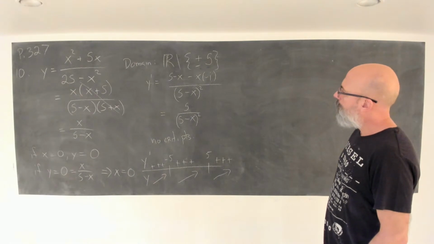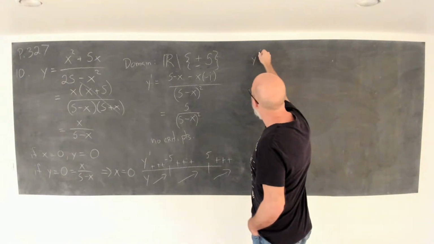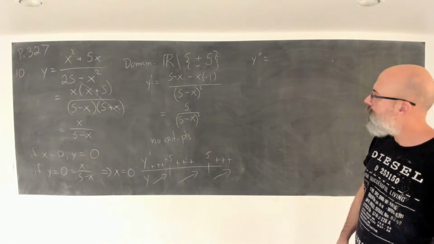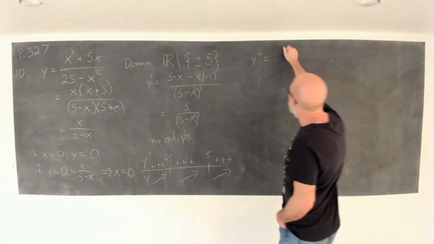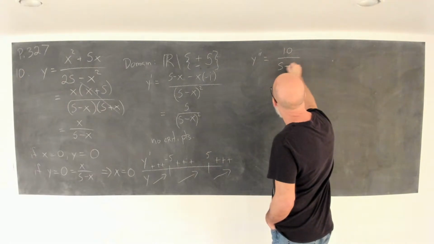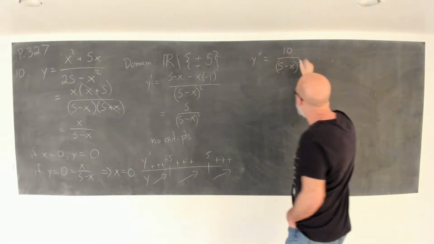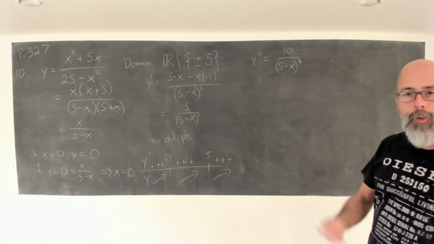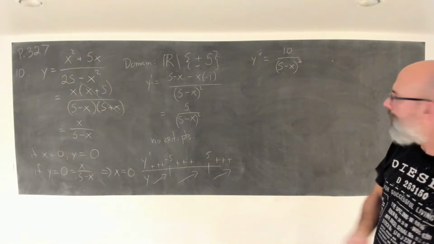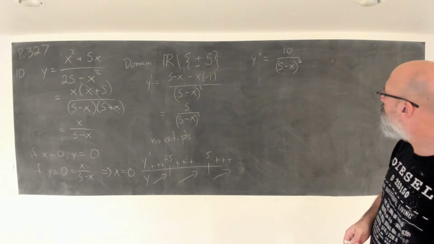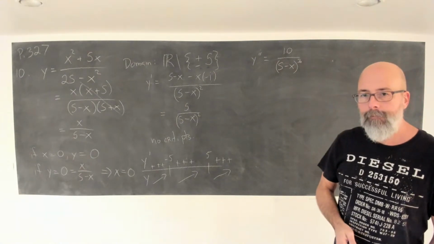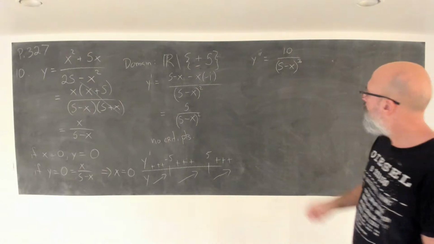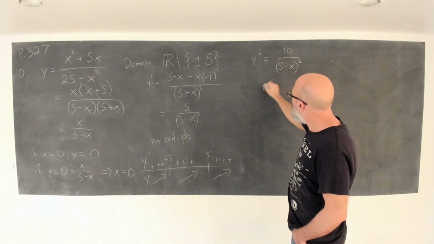All right, let's move on to the second derivative, which is easily seen to be 10 over 5 minus x cubed. Possible points of inflection.